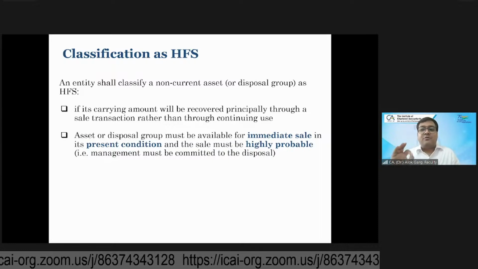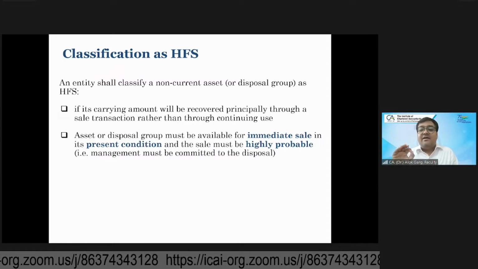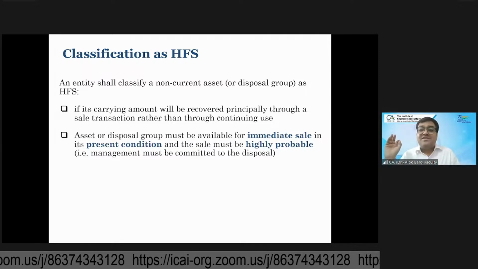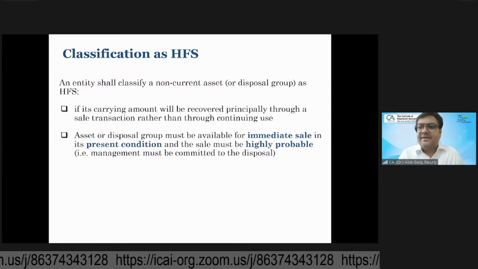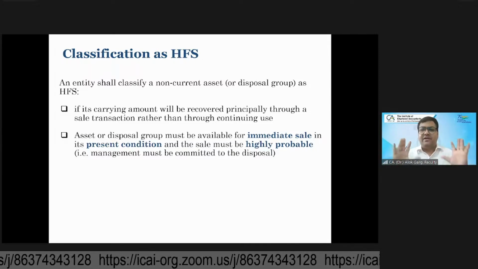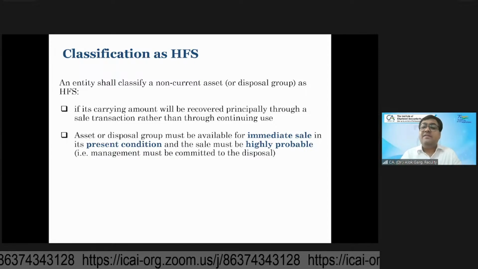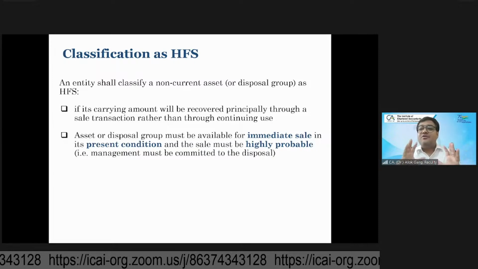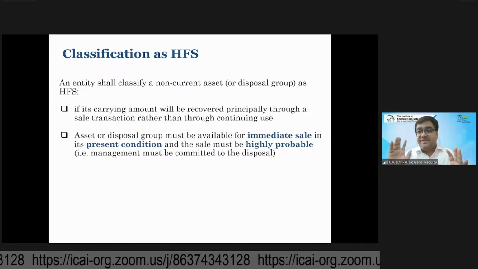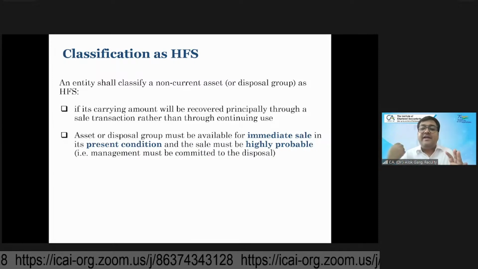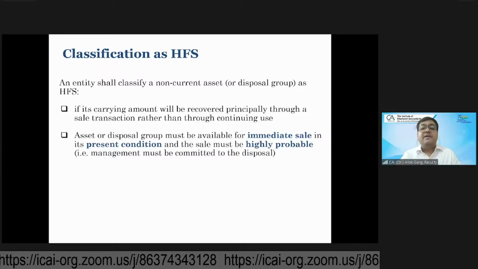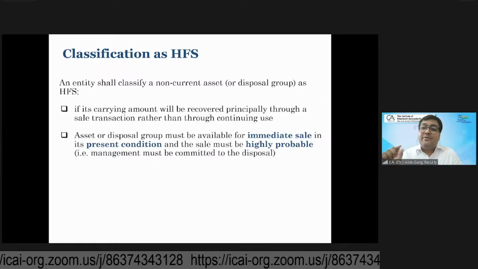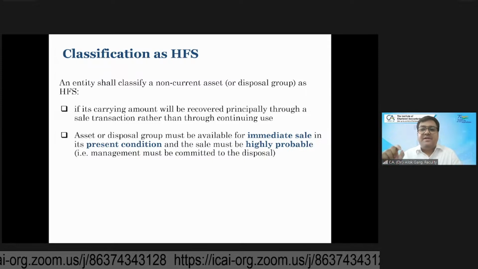If the question says that the seller will sell the flat only when the fourth floor construction gets over, and there is no time period given in the question, in that case you have to assume that it is not available for immediate sale in present condition. In that case, Ind AS 105 accounting will not apply. In that case, PPE accounting may apply. Correct? So it has to be available for immediate sale in present condition.